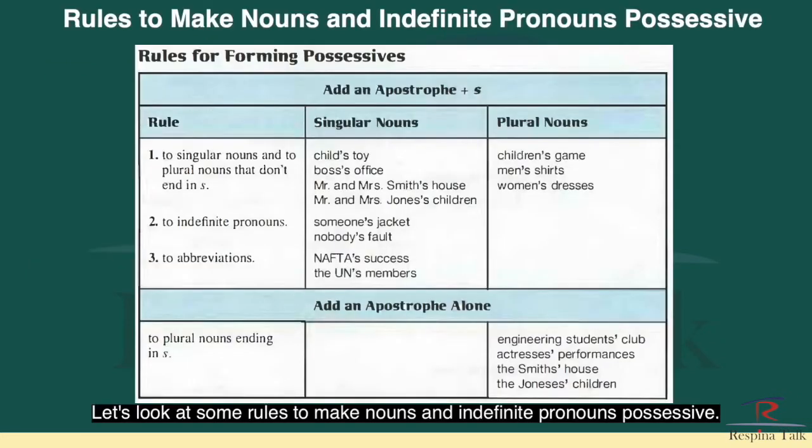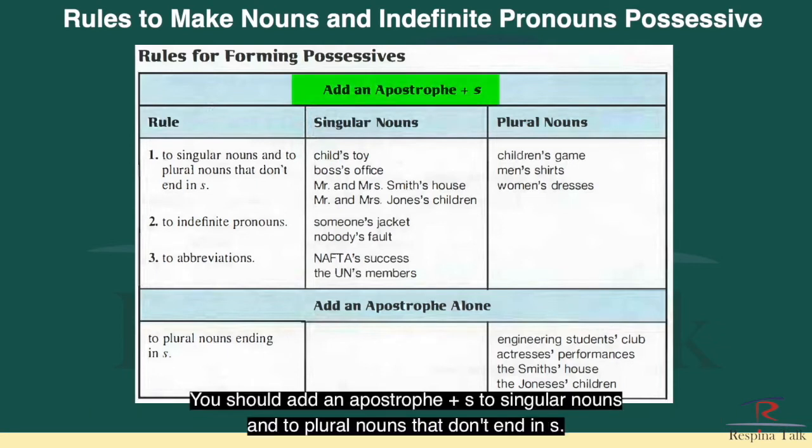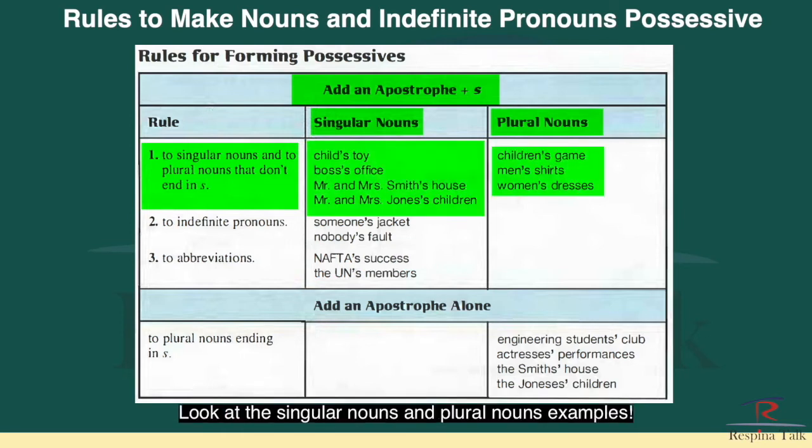Let's look at some rules to make nouns and indefinite pronouns possessive. You should add an apostrophe plus s to singular nouns and to plural nouns that don't end in s. Look at the singular nouns and plural nouns examples.